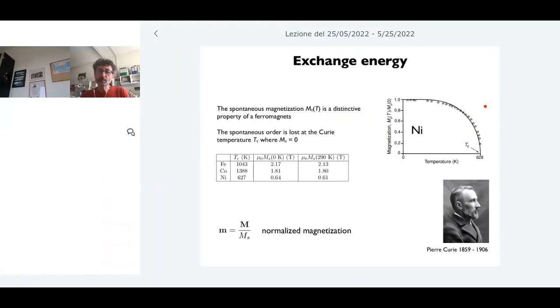So exchange. The word comes from the exchange between two electrons. So it has to do with the quantum origin of both the magnetic moment of electron and the possibility for them to be ferromagnetically coupled or anti-ferromagnetically coupled.